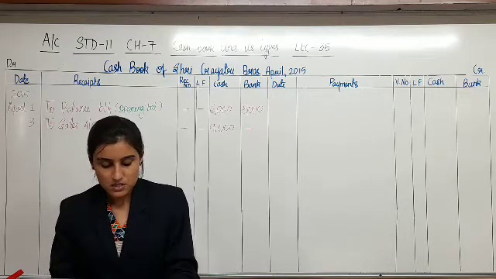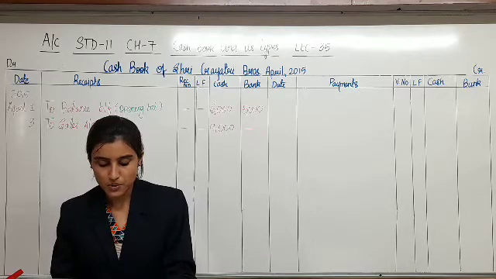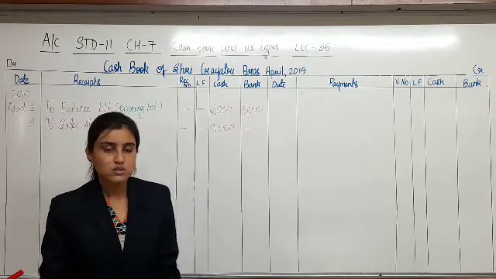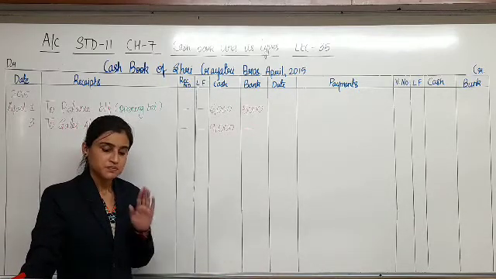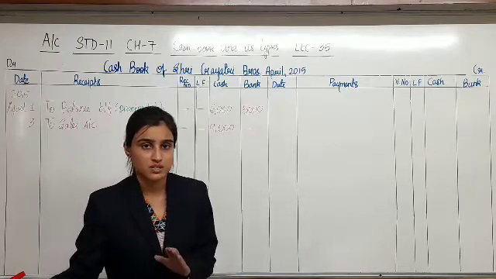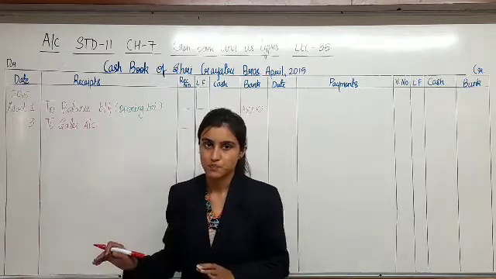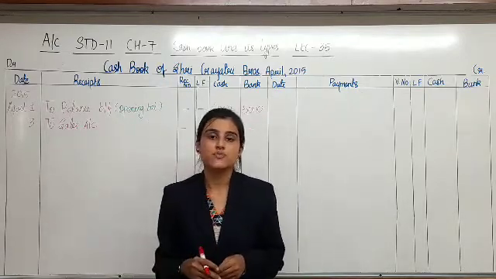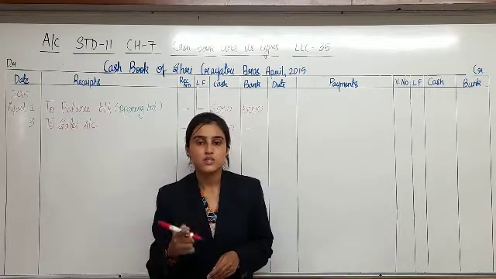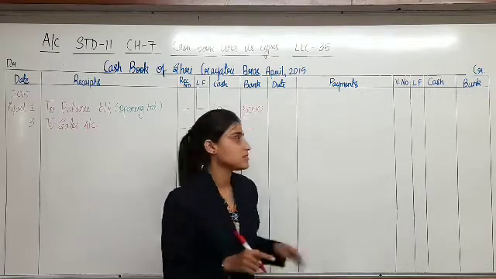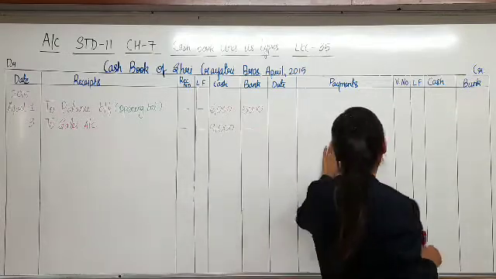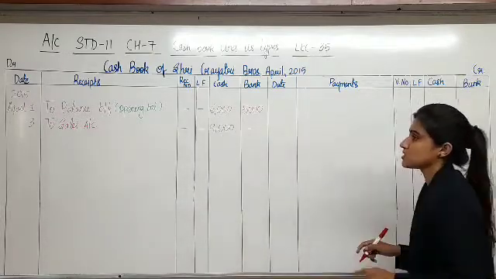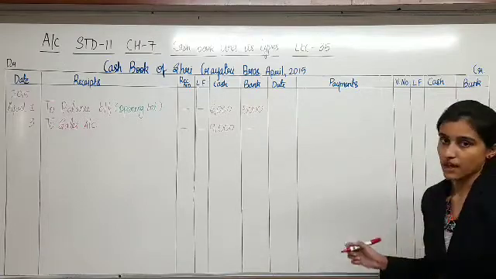Goods of rupees 3,000 purchased for cash from Janki. Goods have been purchased for cash from Janki. Firstly, this is a cash transaction, hence will be recorded. And this is a transaction for purchase of goods. Purchase to cash. Cash is credited. This transaction will be recorded on credit side of cash book, because at the time of purchase of goods we are supposed to pay cash.